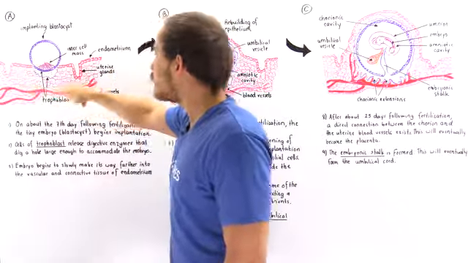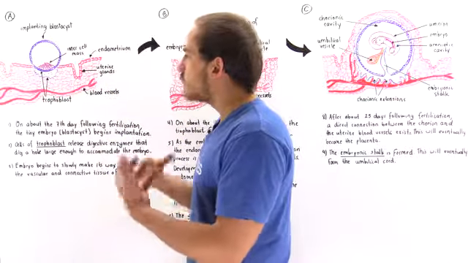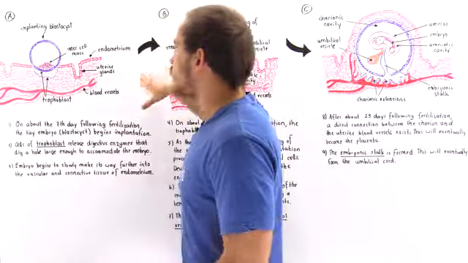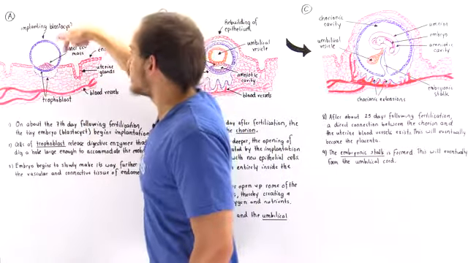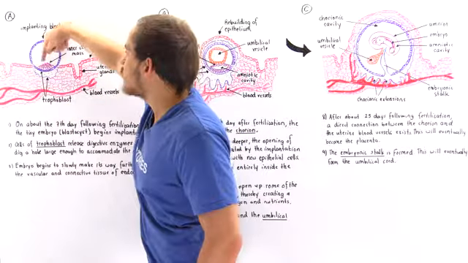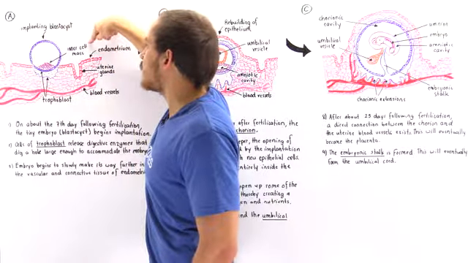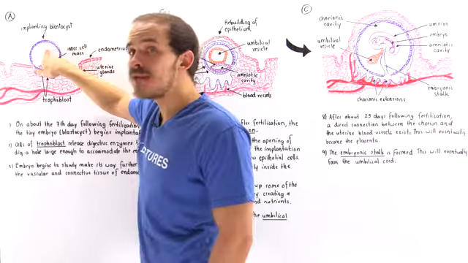And we also have blood vessels that carry the oxygen and the nutrients along this endometrium. Now, this is the actual blastocyst. The dark purple cells are the trophoblast, the light purple cells are the inner cell mass, and this inner cavity is the blastocele.